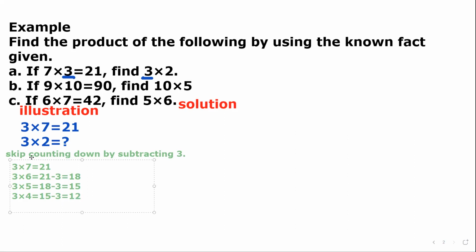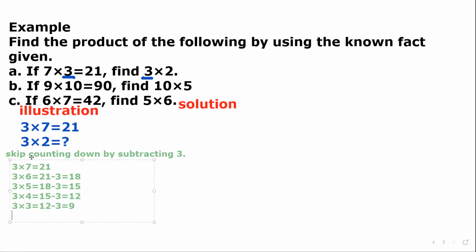Now we still have 3 times 3, which is equal to the previous answer, which is the 12, minus 3 here. That is 9. Okay, good. Now, we have reached the 2.